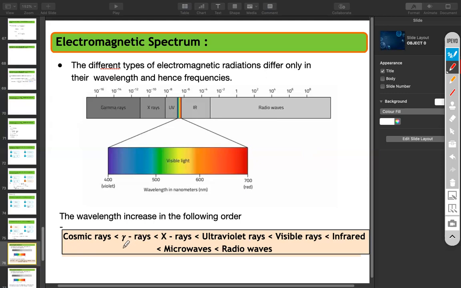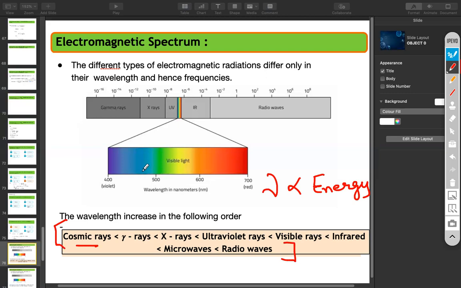Now here you see one more is cosmic rays. Remember one thing, frequency is proportional to the energy of the wave. If I ask which radiation has the highest energy, you will go with the frequency, nu. Nu is proportional to energy. So can you tell me which has the highest energy out of these waves? Think and tell me.